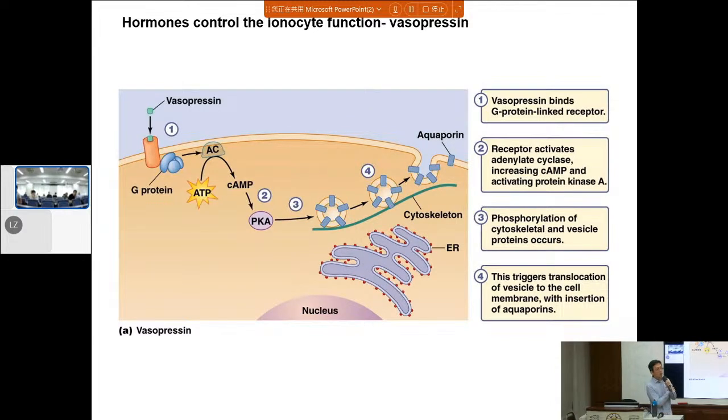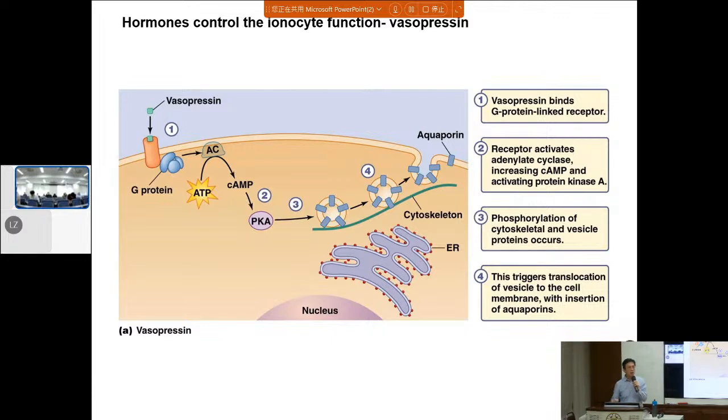Oh, thank you for your question. The translocation of the aquaporin is actually very quick, like 10 to 15 minutes. If the cell senses the vasopressin, it will promote this reaction very soon.